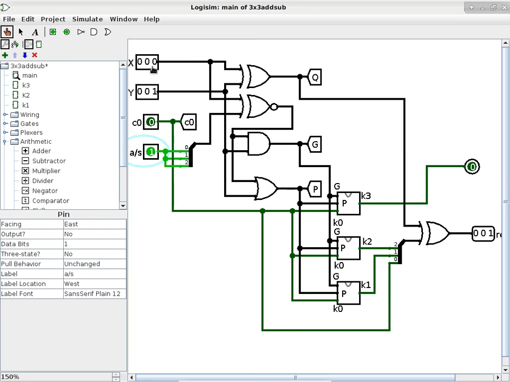Let's try this one. We are adding 1 to 1. The result is 0, 1, 0 with no overall carry. Seems right. Then we flip the flag, so we turn this back into a subtractor. 1 minus 1 is 0 with no overall borrow. That works too.